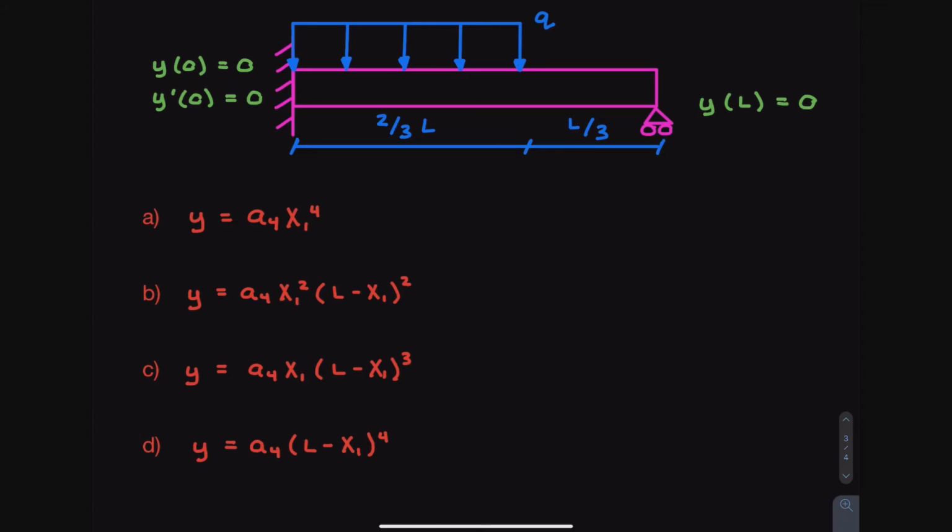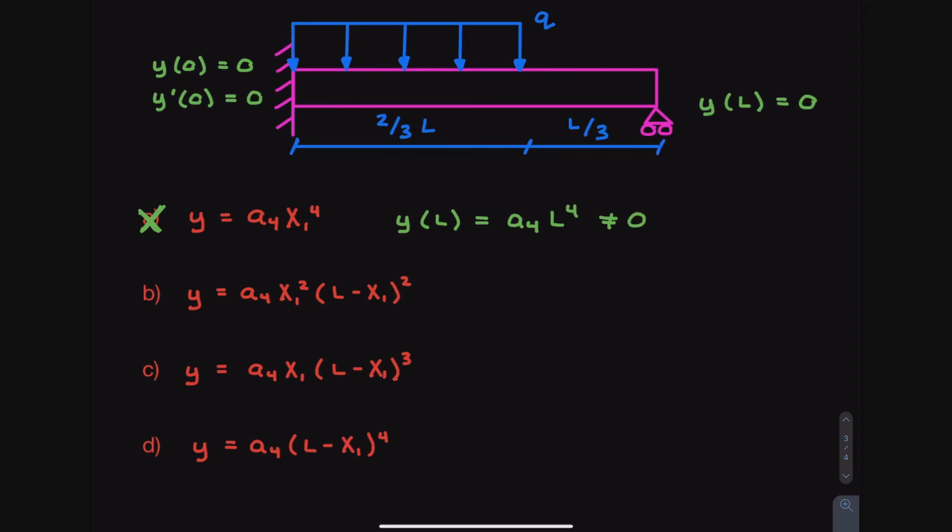This is probably the most obvious. It does not satisfy, because if I look at the value at x equals L, which must be equal to 0, and substitute that into the equation, I get a4 L to the 4, and of course this does not equal 0. Therefore, I know that A is not the correct answer.